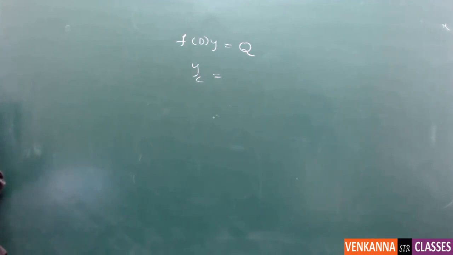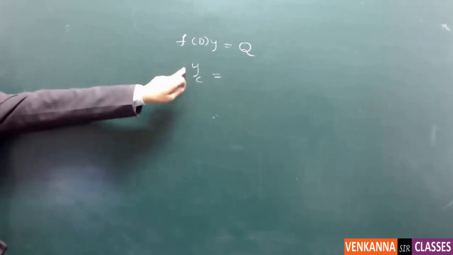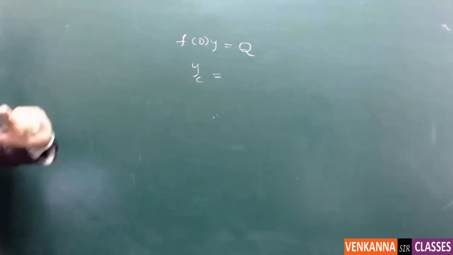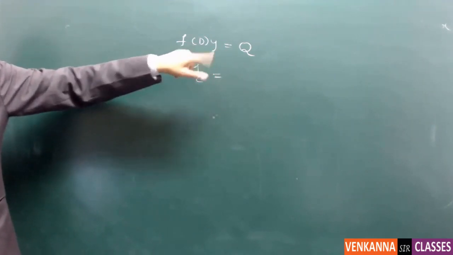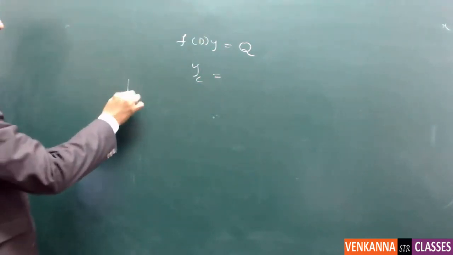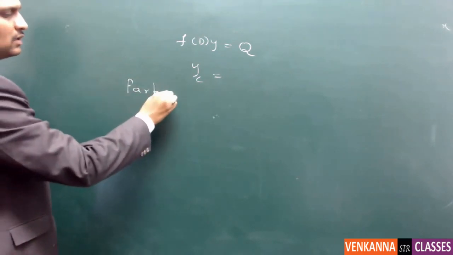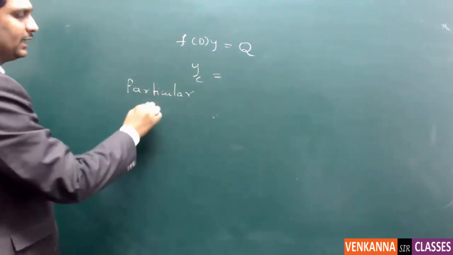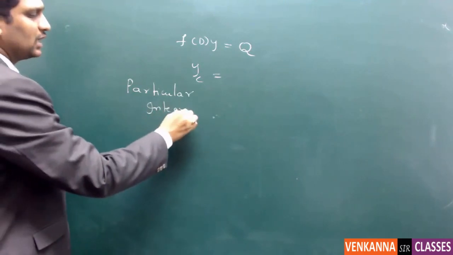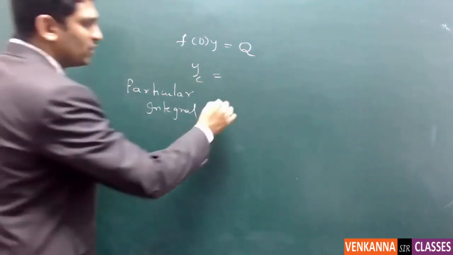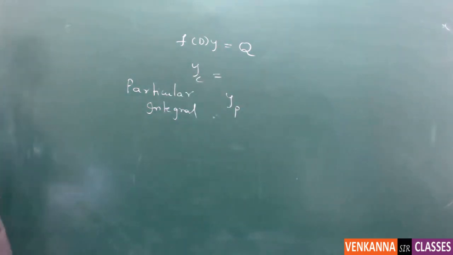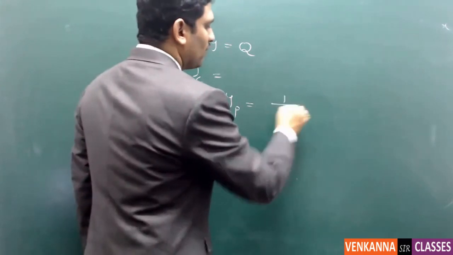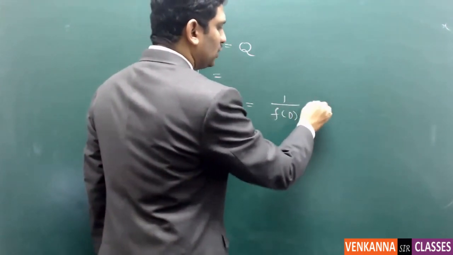So simply find the roots of m and write the complementary function yc. Now, for the non-homogeneous part, you are finding one more solution. We call it the particular integral or particular solution, denoted with the symbol y suffix p. The formula is 1 by f of d into q.